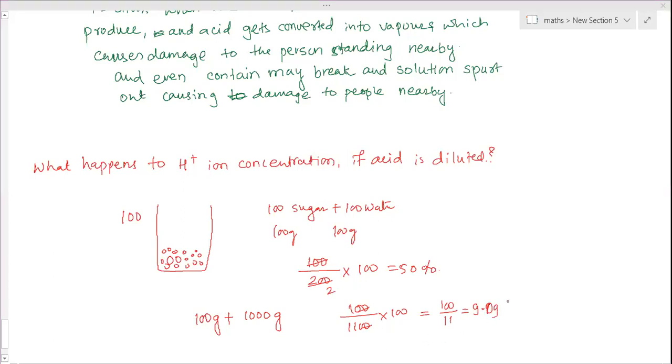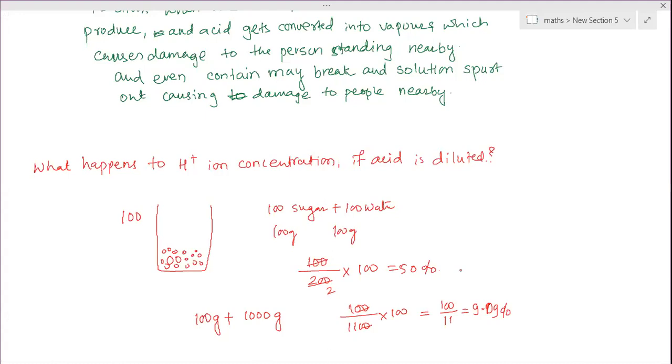What happens to the percentage? It decreases. Have you changed the amount of sugar? No. The percentage has decreased because we have added more water.